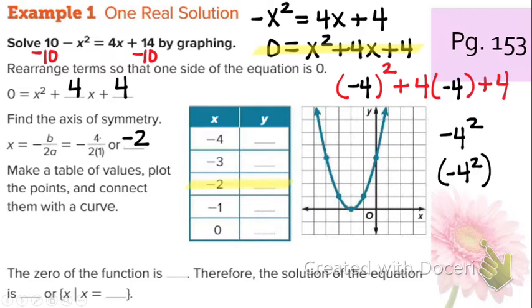Okay, hold on to your numbers. Wait, which number did you have again, Brooklyn? You had -4. What'd you get? You got 4. And then Jeremiah, what number did you have? What did you get for -2? Okay. Anybody else have their number? What x value did you have?